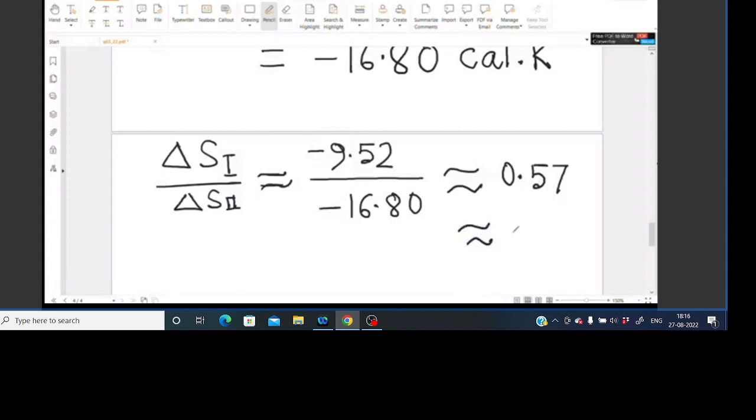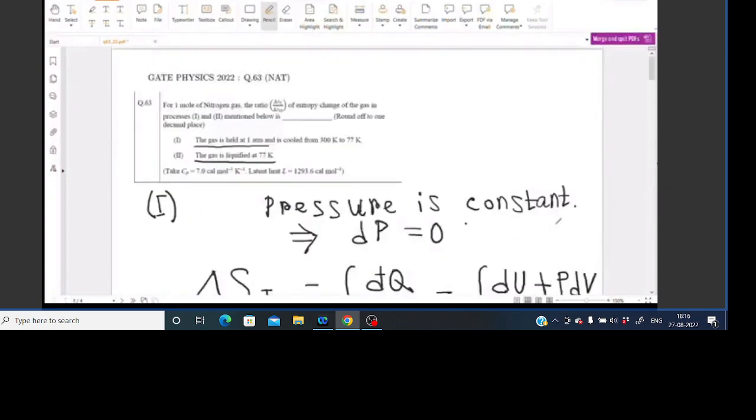So after rounding off to 1 decimal place, we have 0.6. So the ratio of the change of entropies in process 1 and process 2 is 0.6. So in this question the answer is 0.6. So 0.6 is the correct answer. Thank you.